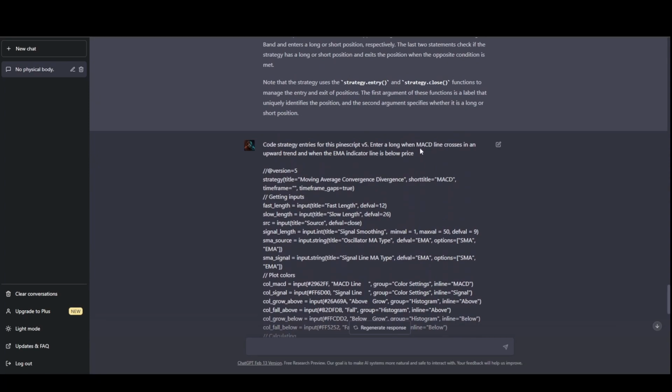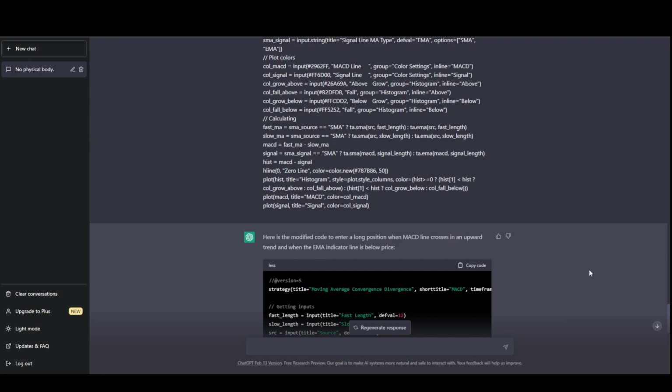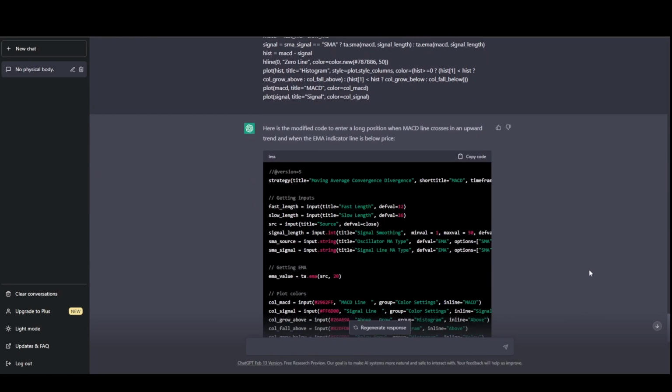Enter a long when MACD line crosses in an upward trend and when the EMA indicator line is below price. So essentially what I said when I was describing the indicators, but in a very brief one-line sentence.